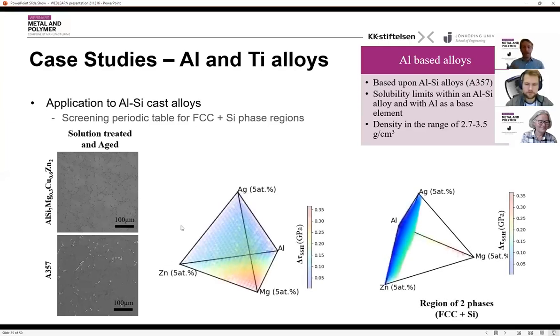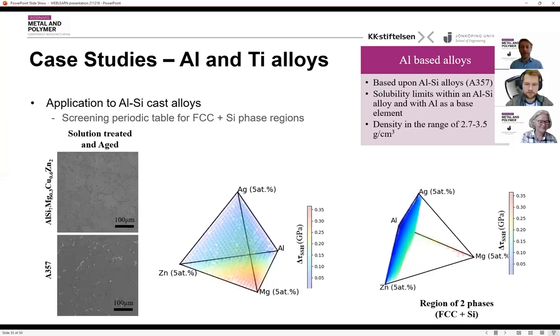We then took the further step of applying some of our solid solution hardening models to this high throughput screening. You can see that magnesium is certainly the most potent solid solution strengthener within the system. However, when we plot this just within the single phase region, we can dissolve quite a bit of magnesium in the aluminium system, but we can't get much of anything else in there at the same time.